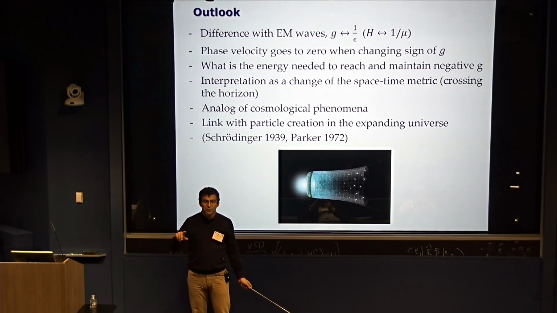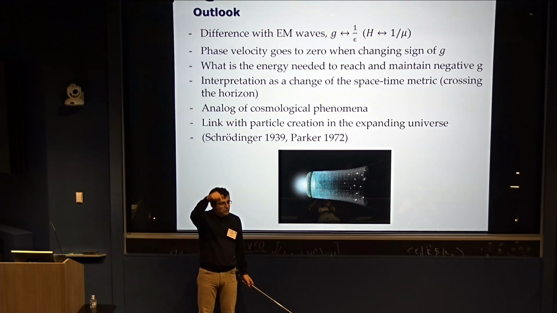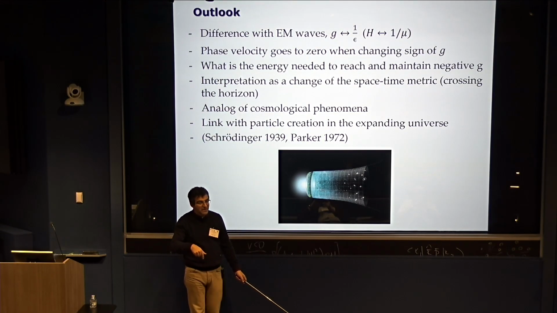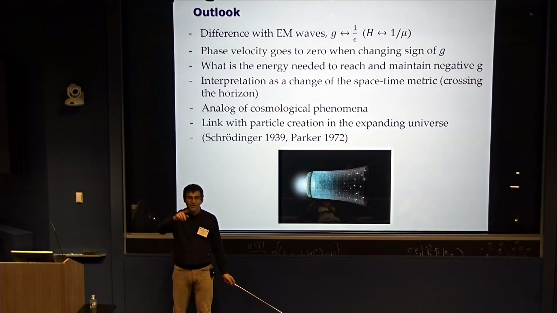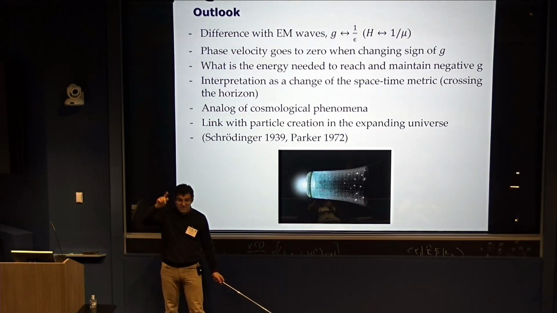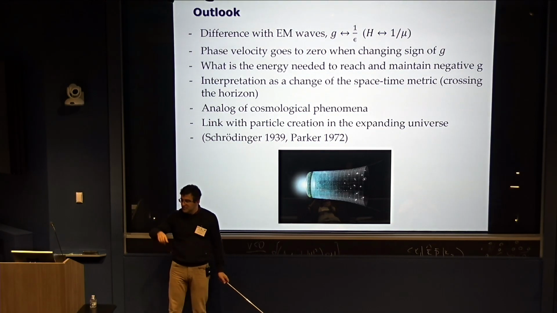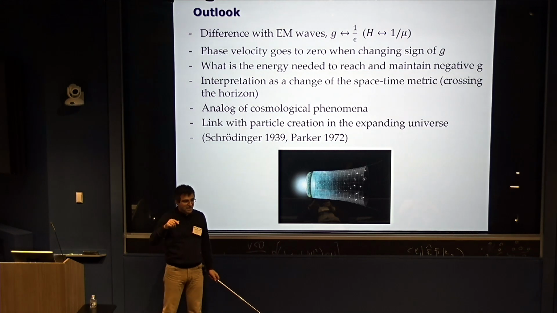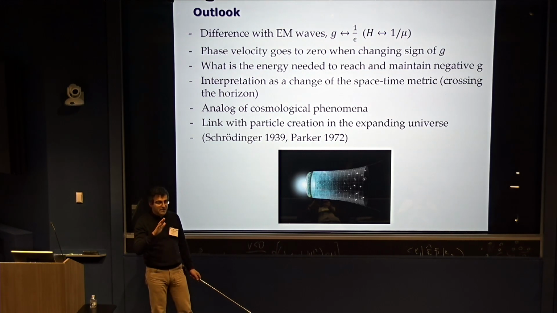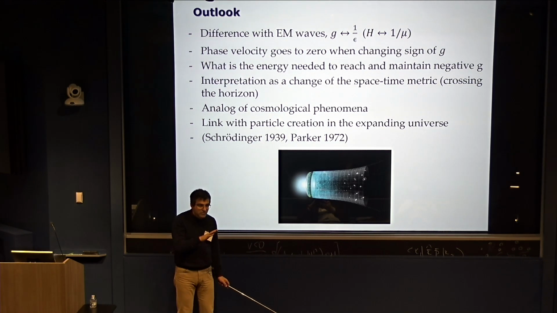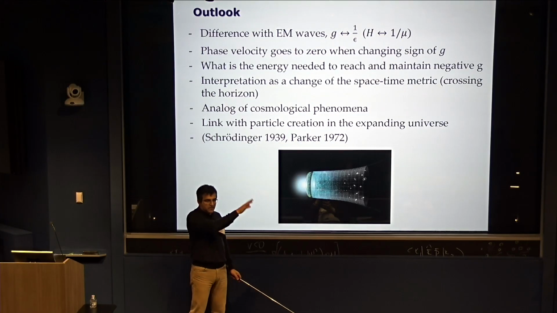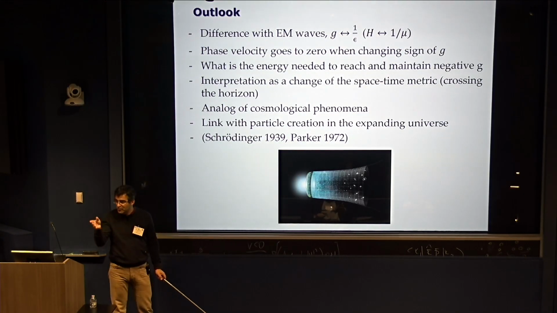So when you want to do non-Foster system in electromagnetism, you have a problem when you go to negative permittivity. You need to go to infinity for the phase speed, and it costs you to go there in energy. In our case, it's the opposite. The velocity goes to 0, and then it starts again. So we don't have this problem.